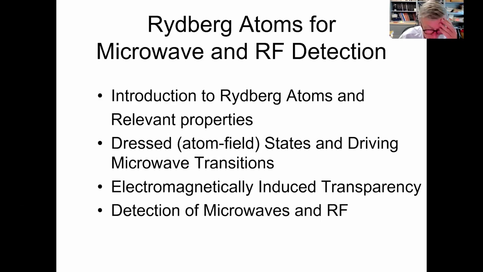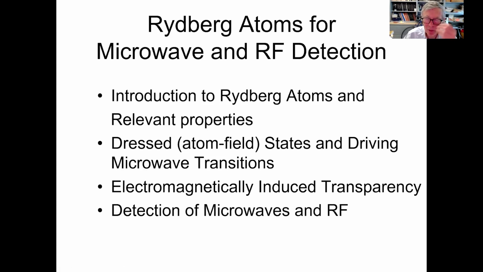So what I would like to do today is briefly summarize some of the notions that go into using Rydberg atoms for microwave and RF detection. I will begin by introducing Rydberg atoms and a few of their relevant properties, including how people have, in fact, observed microwave and RF transitions before.